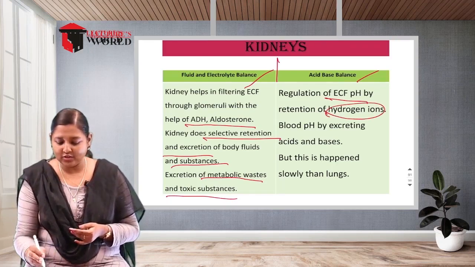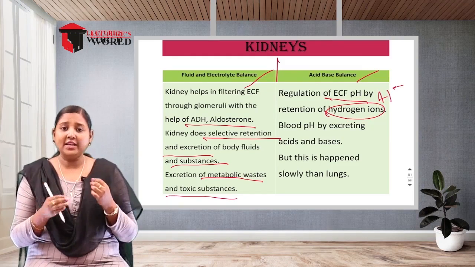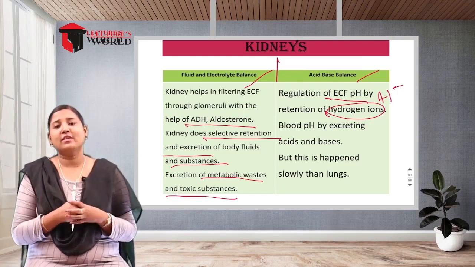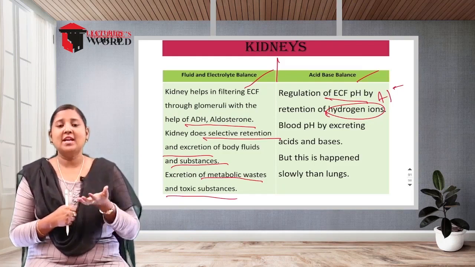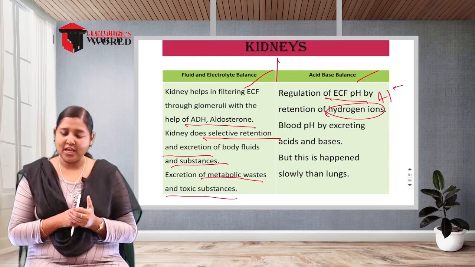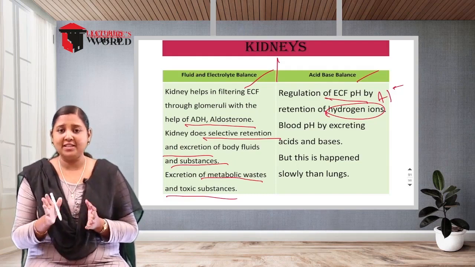Hydrogen ions are inside the extracellular fluid, and the kidney helps in the retention of hydrogen ions in the glomeruli, reabsorbs them and sends them back into the extracellular fluid, and thereby maintains the acid-base balanced state.